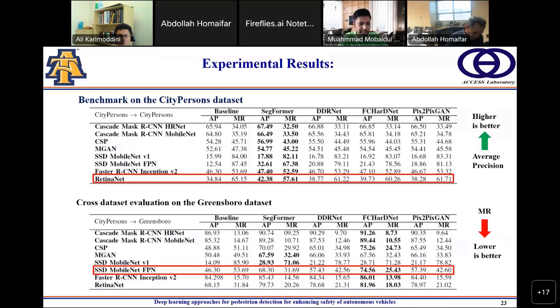Initially there was some search algorithm to find these anchor boxes. Then without using the search algorithm, SSD uses some default bounding boxes to generate anchor boxes.